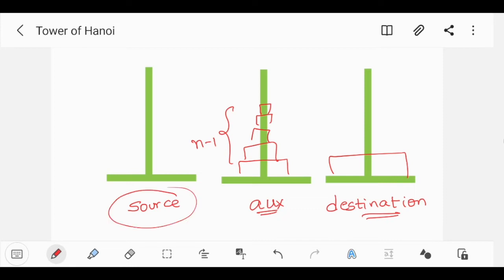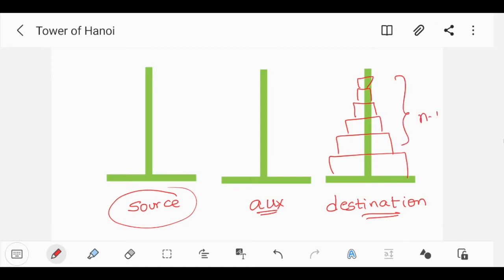So the third step of the algorithm would be to transfer all these n minus 1 disks recursively and place them in destination. I do it using source as the auxiliary or temporary peg, right? So you have the n minus 1 disks in the same order being placed from the auxiliary to destination, right?